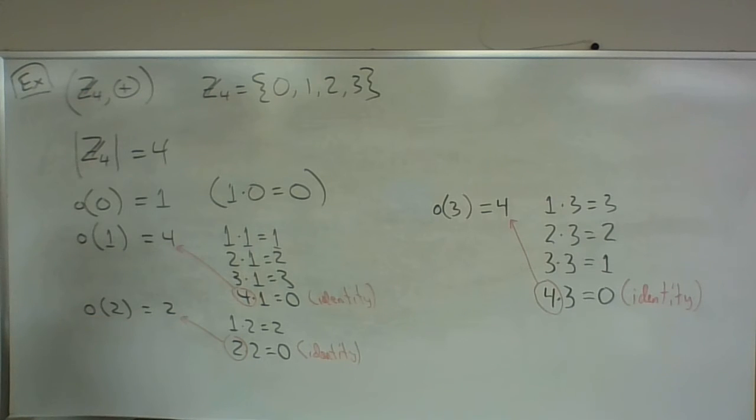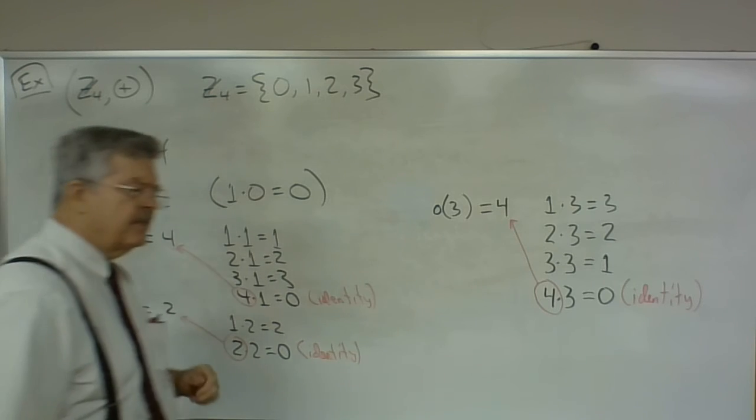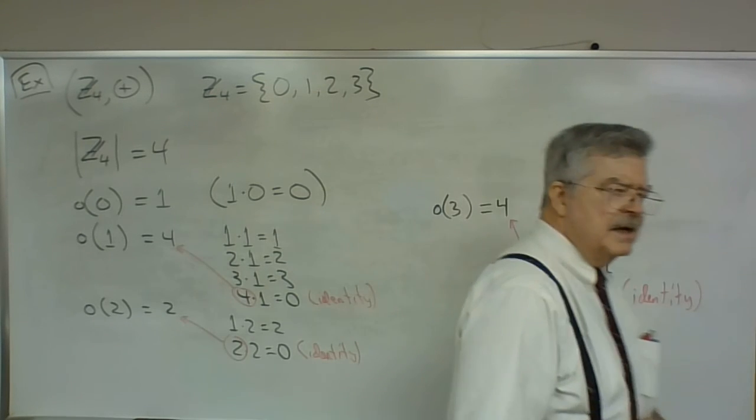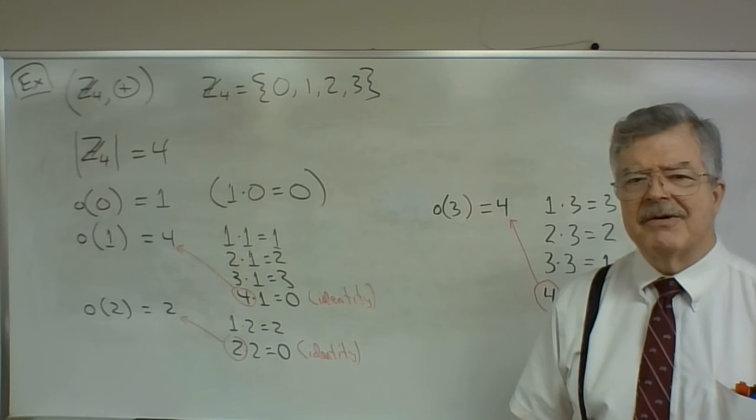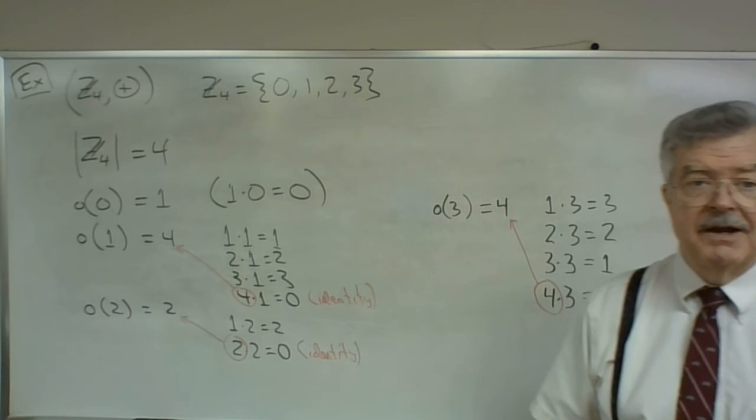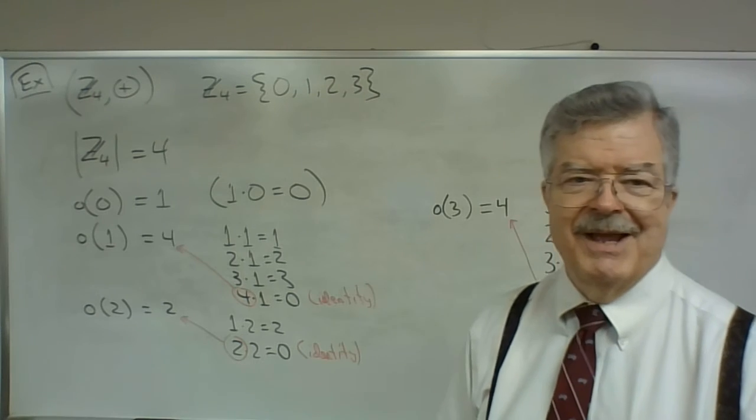So here we have an element that doesn't have order 1, and it doesn't have the same order as the order of the group either. So maybe we need one more example for us to sort of figure out exactly what's going on here. Let's look at another example.